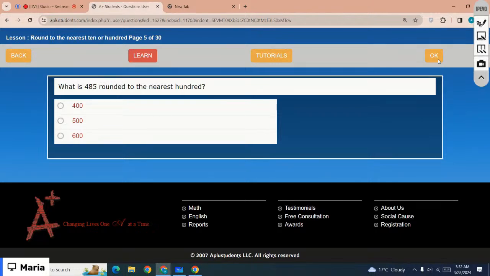What is 485 rounded to nearest 100? So which is the correct option? 485 is rounded off to, very good, 500 it is. The correct option is 500.